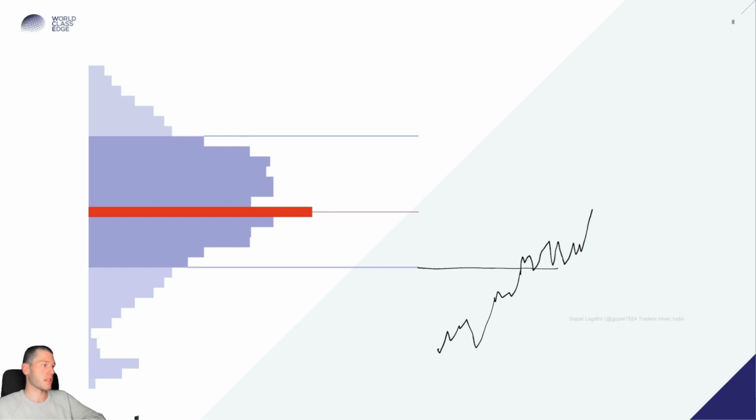So let us extend the POC. This is the previous day. So we have a new session, a new day. This is the POC, and we have a value area high and the value area low.